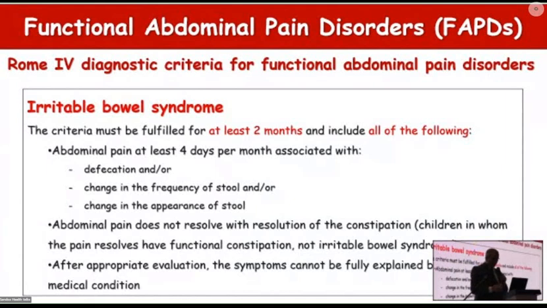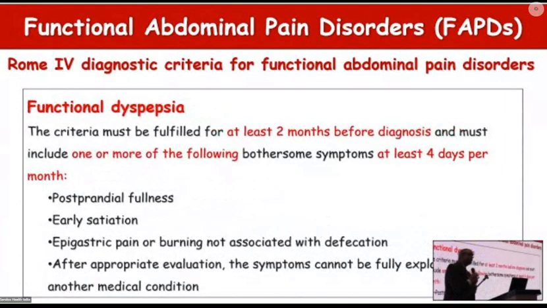of irritable bowel syndrome. Functional dyspepsia, another functional abdominal pain disorder. Also, the criteria should be present at least for 2 months before the diagnosis. One or more of the following: at least 4 days per month, which means at least 1 day per week. Postprandial fullness. بعد الأكل, you are feeling fullness.